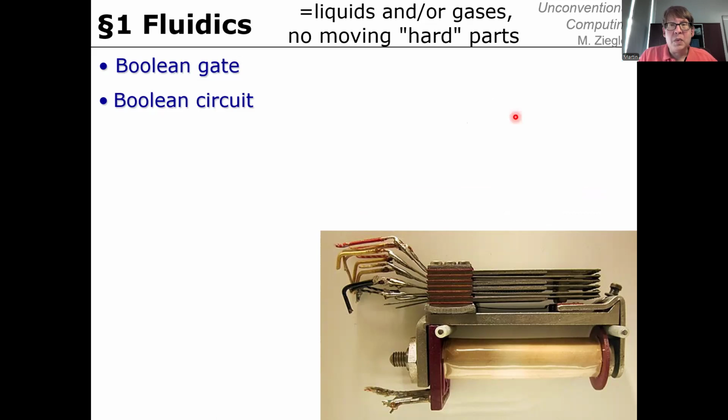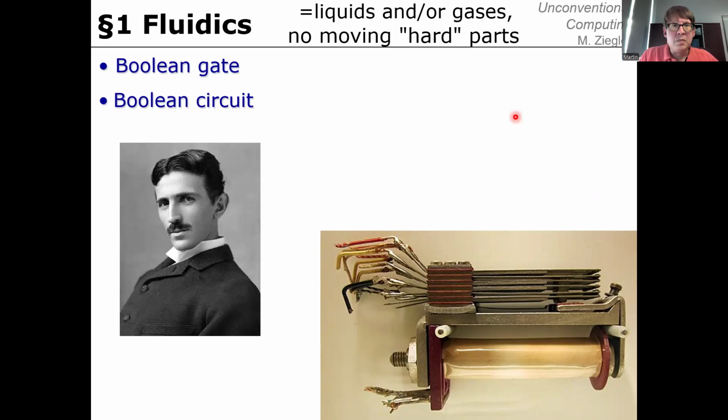Fluidics was arguably introduced or started by a genius, namely by Tesla, right? You may know Tesla from the cars, but it's actually named after Nikola Tesla, the famous Serbian, based on where he was born we would say maybe Hungarian inventor.